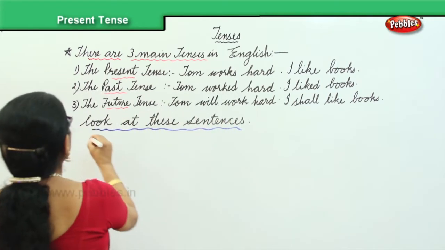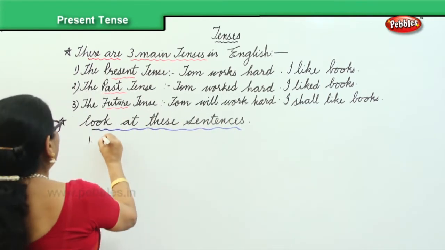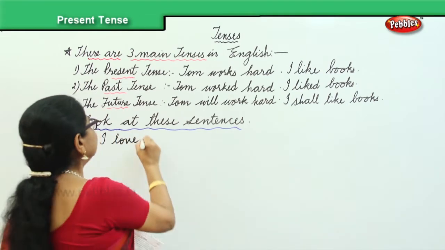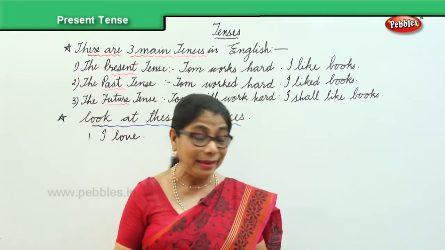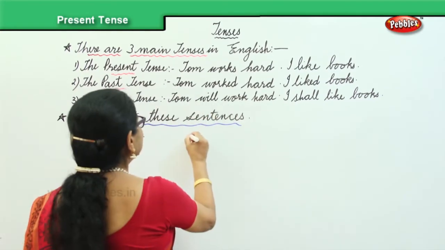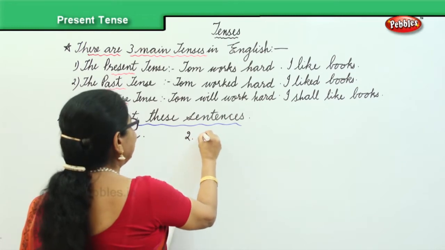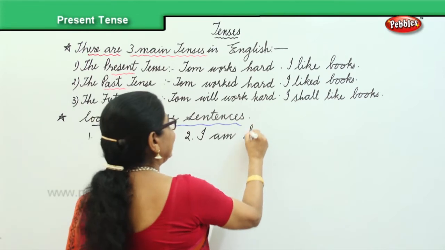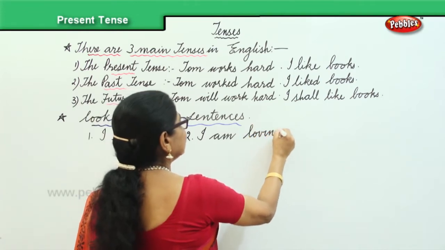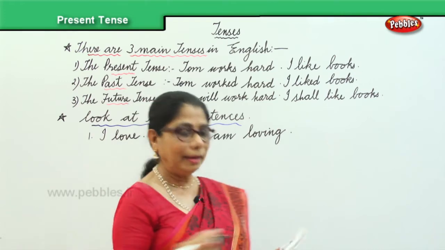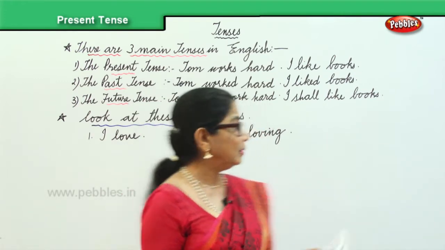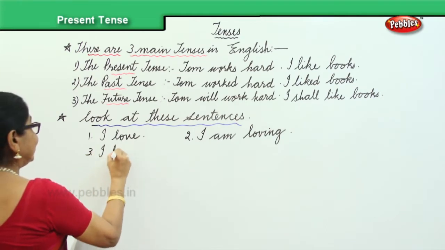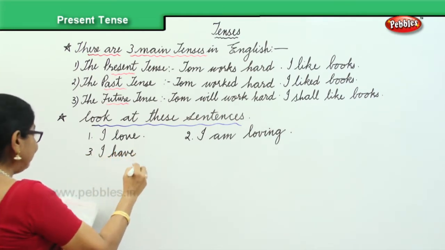Now, look at these 4 sentences I have here. I love. That's a sentence by itself. Now, in the next, I say, I am loving. And the third I have here is, I have loved.